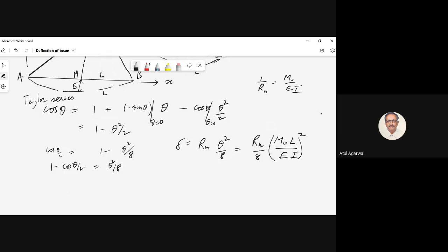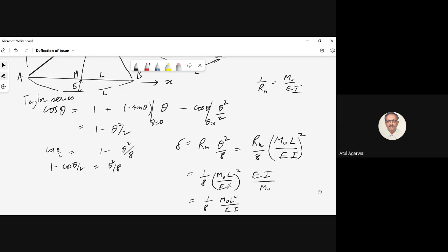So here I get 1 by 8 into m naught L by EI whole square into EI by m naught. So it is equal to 1 by 8 m naught L square by EI. That is what I am expecting my delta to be, unless there is some mistake, some factor of 2 or something. So we'll check it out.